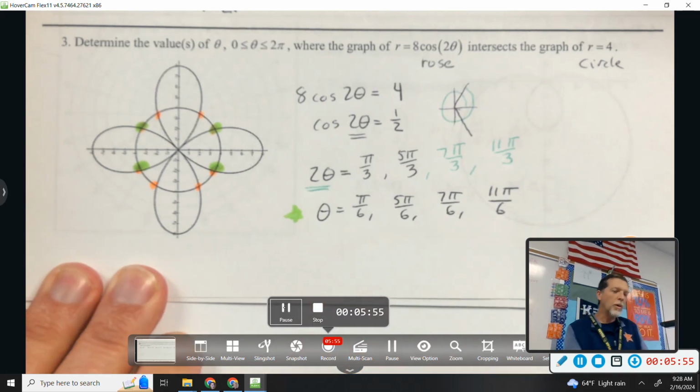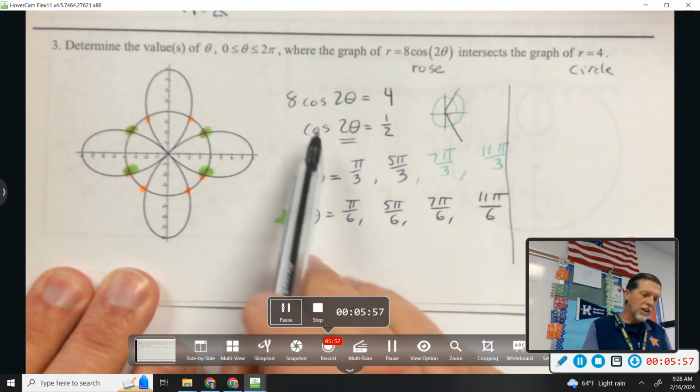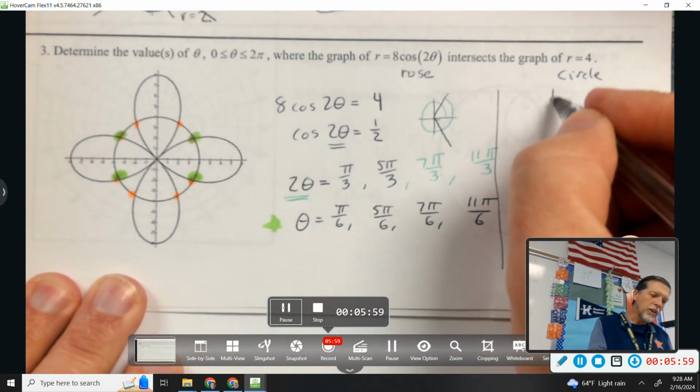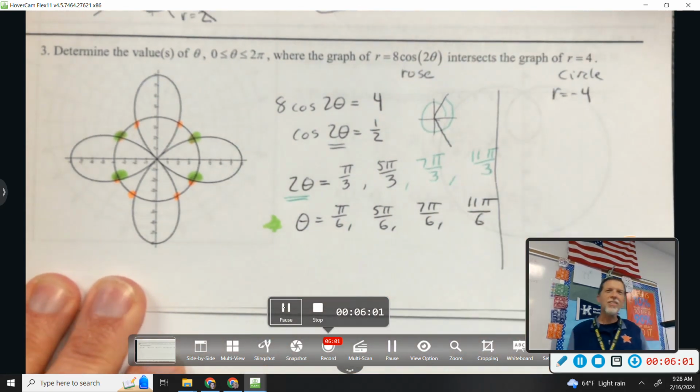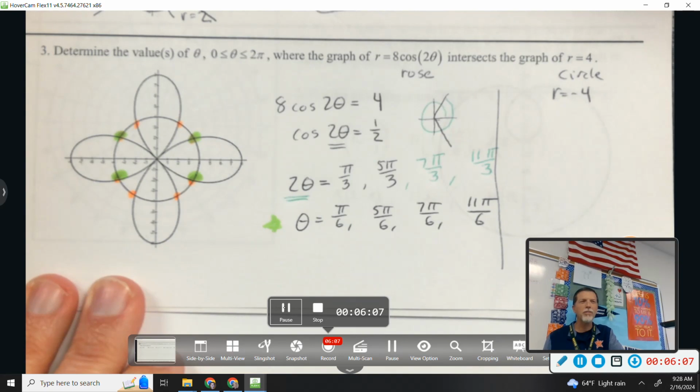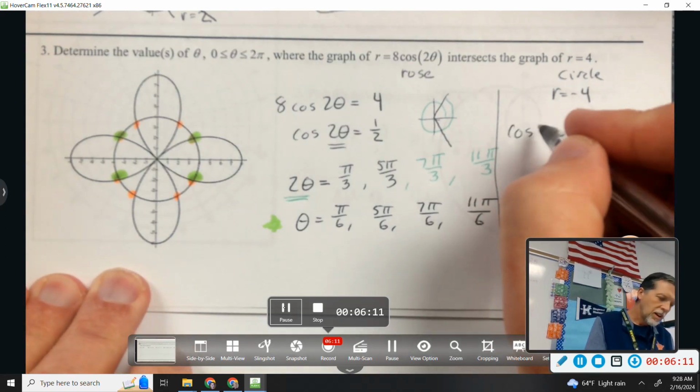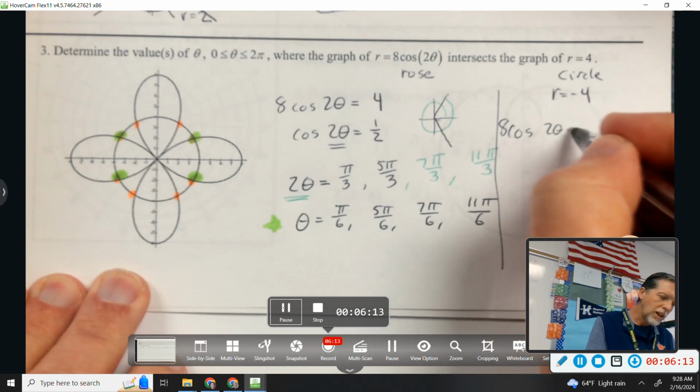So what I could do, though, is the graph of r equals negative 4 is the same graph. This is what's kind of weird. The graph of r equals negative 4 is the same graph as r equals 4. So I'm going to set 8 cosine 2 theta equal to negative 4.